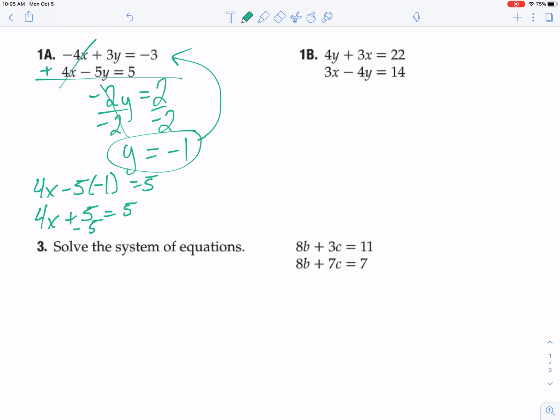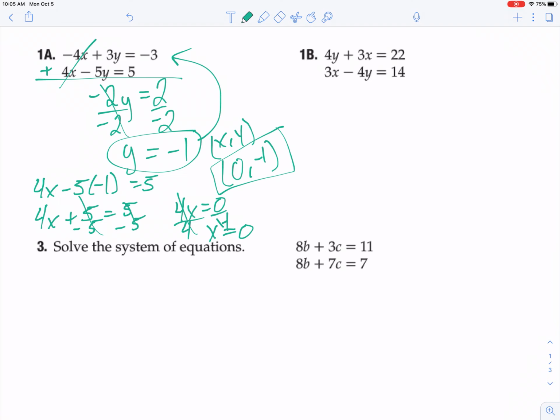So if I subtract 5 from both sides, I have 4x equals 0. And if I want to get x by itself, I do need to divide by 4, which is just anything. 0 divided by anything is x equals 0. So my answer as a point is going to be x comma y. So my final answer is 0, negative 1.